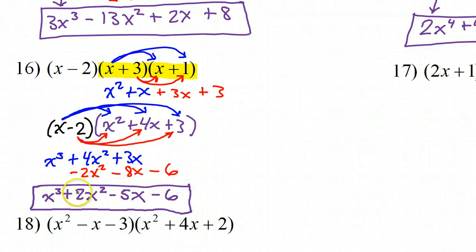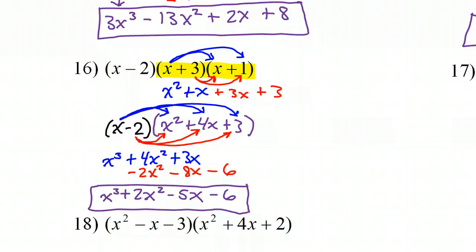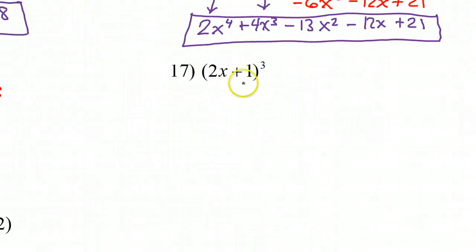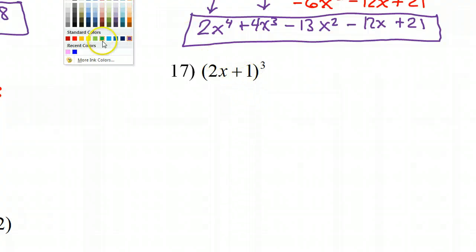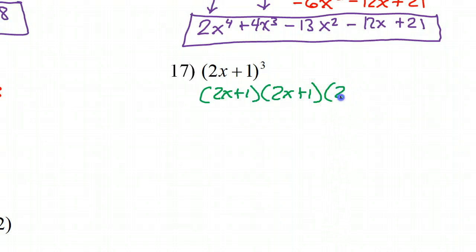Okay? There's number 16. Alright, number 17 is the same thing as number 16. It's just starting out in a more compact form, right? But we could quickly take this and do 2x plus 1 times 2x plus 1 times 2x plus 1.